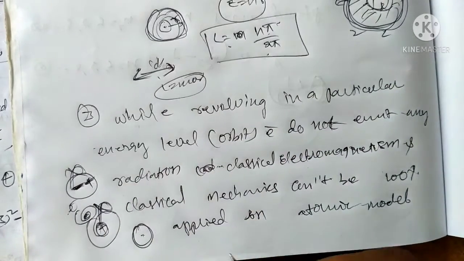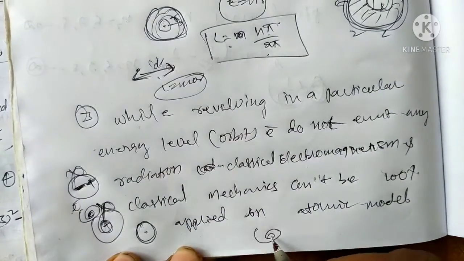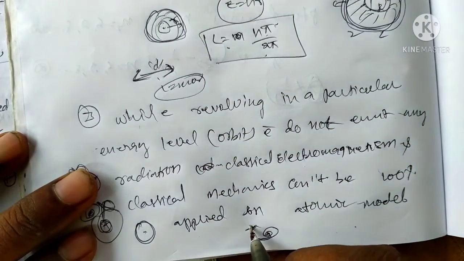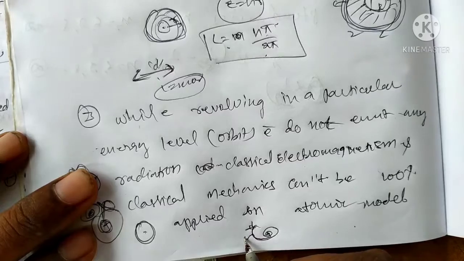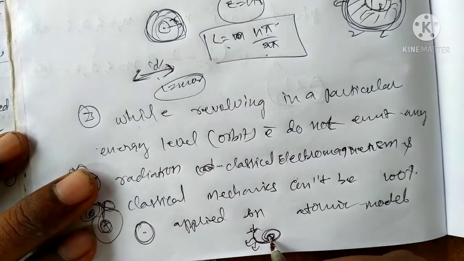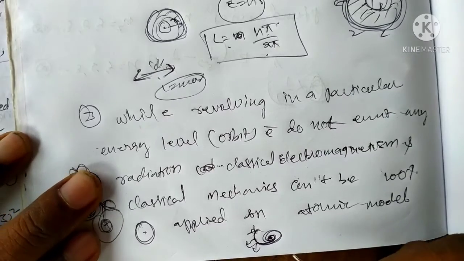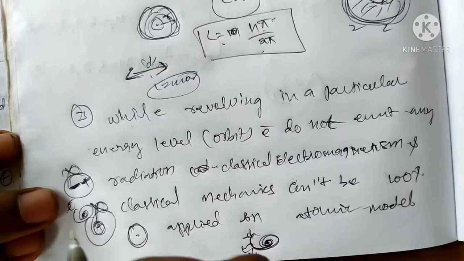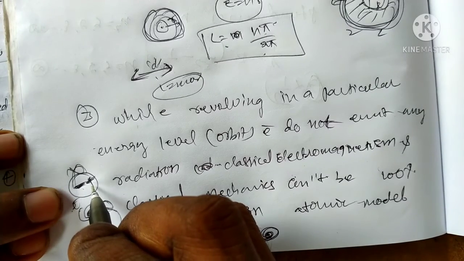After a certain time it is revolving like this. Suppose the electron emits the radiation. Up to a certain time it will come close to the nucleus.